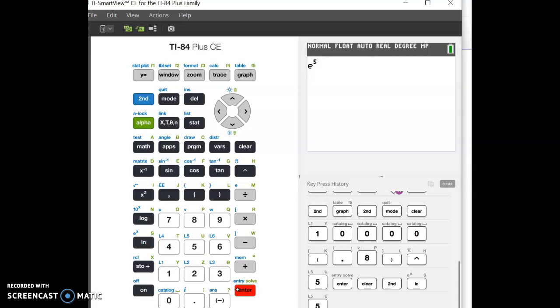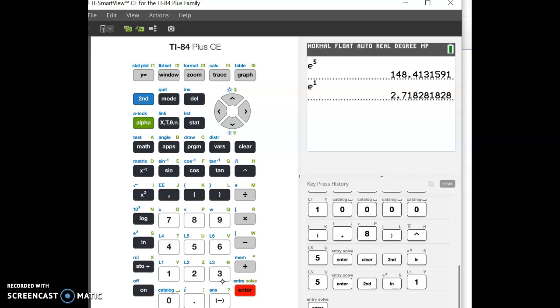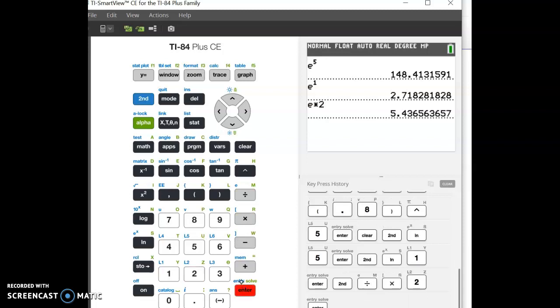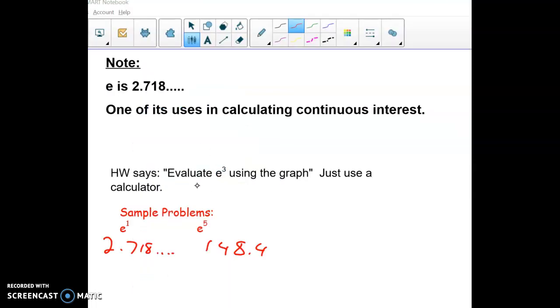So to the 5th power, we can see that's 148.4. We can do e to the 1st power, right? That's just e. And if you just need regular e, it's above the division key. So if you do e times 2 or something, we can just do it like that. So I'm just going to jot these down in our notes here quick. All right, so that's just some basics with the number e.